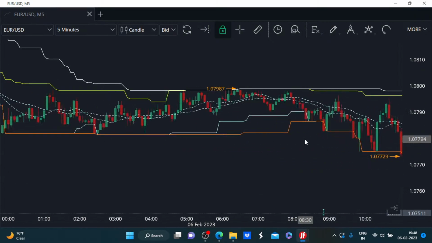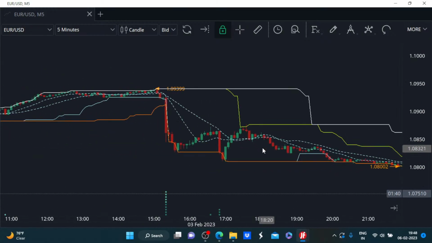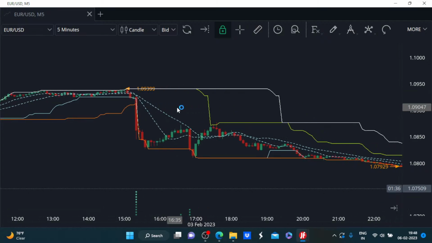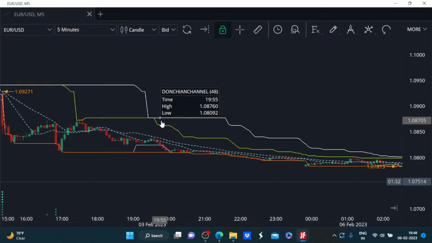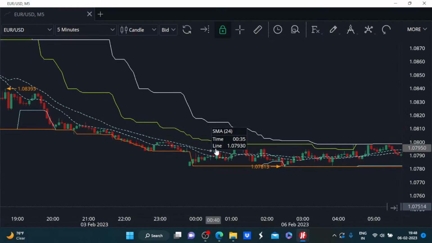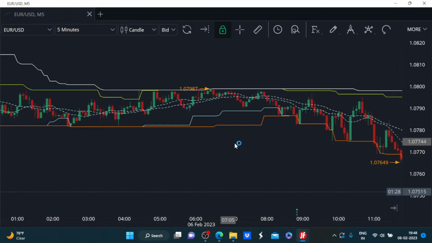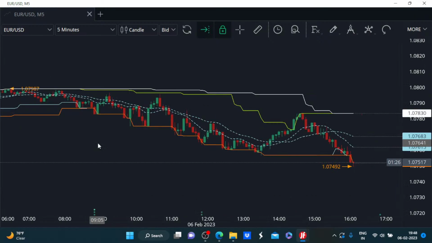So the underlying momentum is in favor of the dollar, which has been the case after the solid non-farm payroll data release on Friday. Since then, the dollar has gained the upper hand, and that sentiment is prevalent in today's session also.